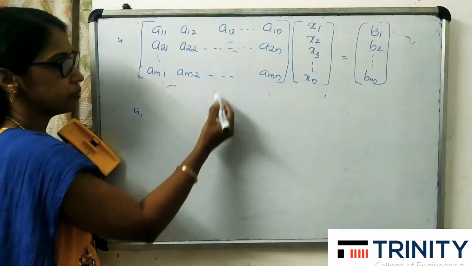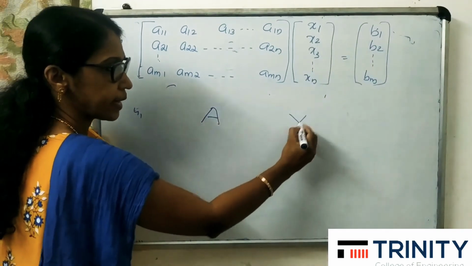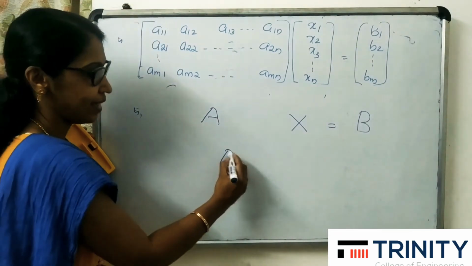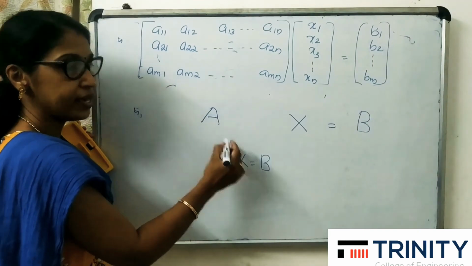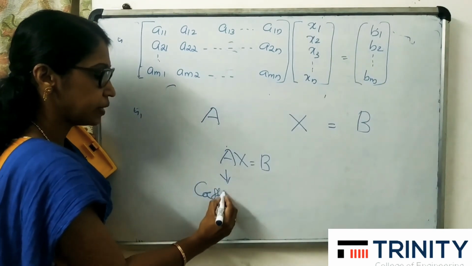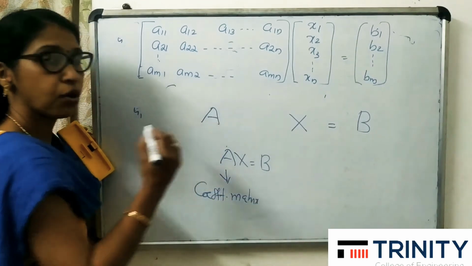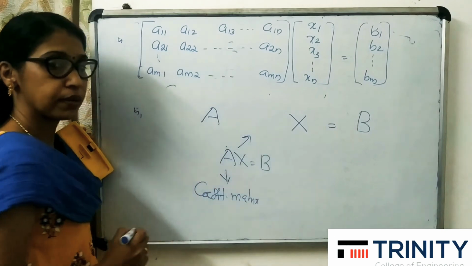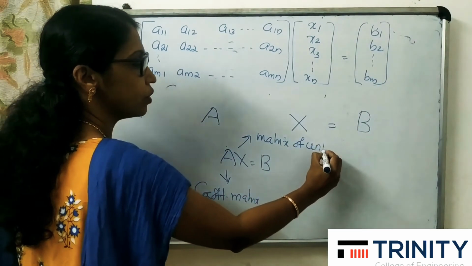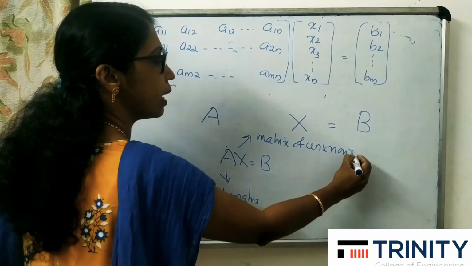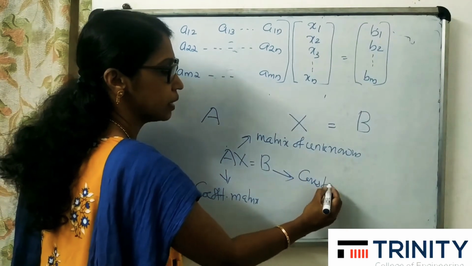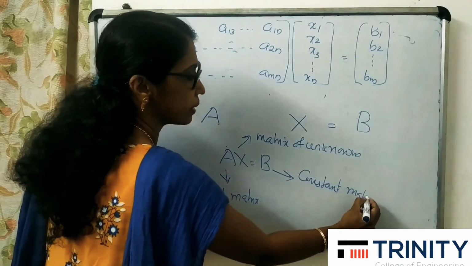We name the first matrix A, the column of unknowns X, and the column of constants B. So AX is equal to B. Here A is called the coefficient matrix, X is the matrix of unknowns, since we don't know what the values of X are, and B is the constant matrix.